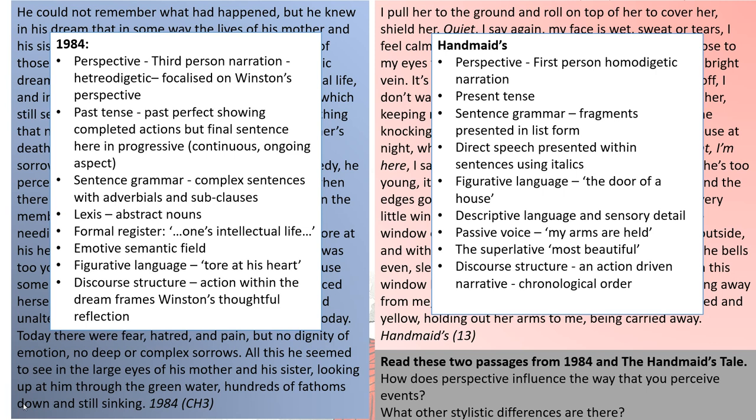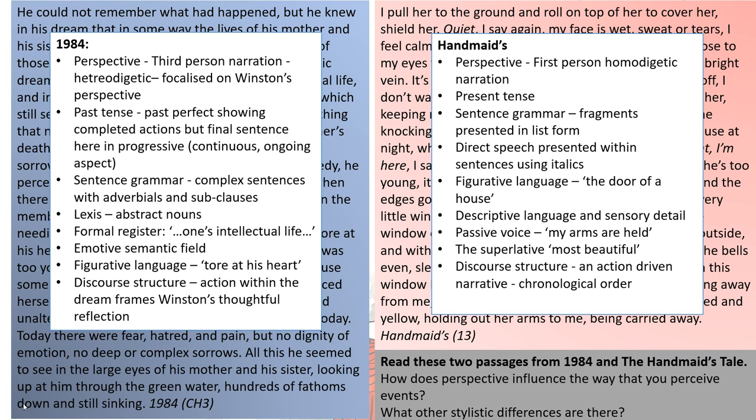There's an example of the passive voice. "My arms are held," says Offred. With the verb "held," who is doing the holding, the subject of that verb, is hidden, and instead Offred foregrounds herself as the object being held by saying "my arms are held."